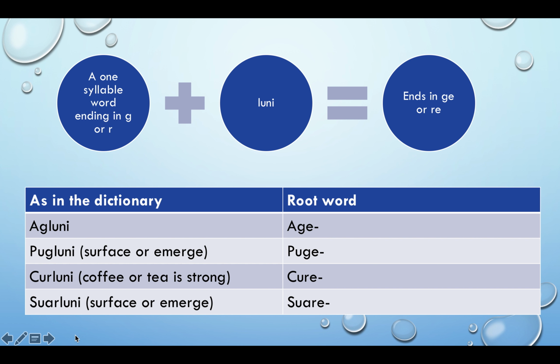And swachluni, to surface or emerge, swache. So those are one-syllable words that end in G or R, ag, puch, juch, swach, plus luni, and those end in GE or RE. So the root word is still one syllable.